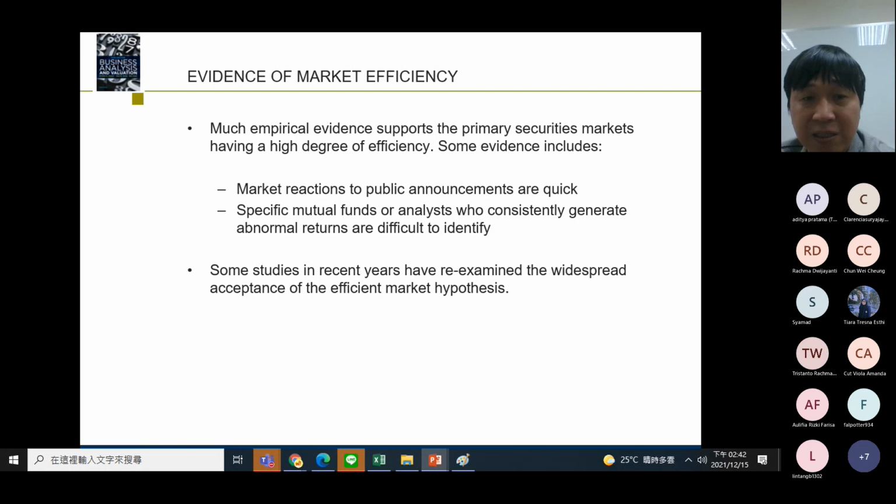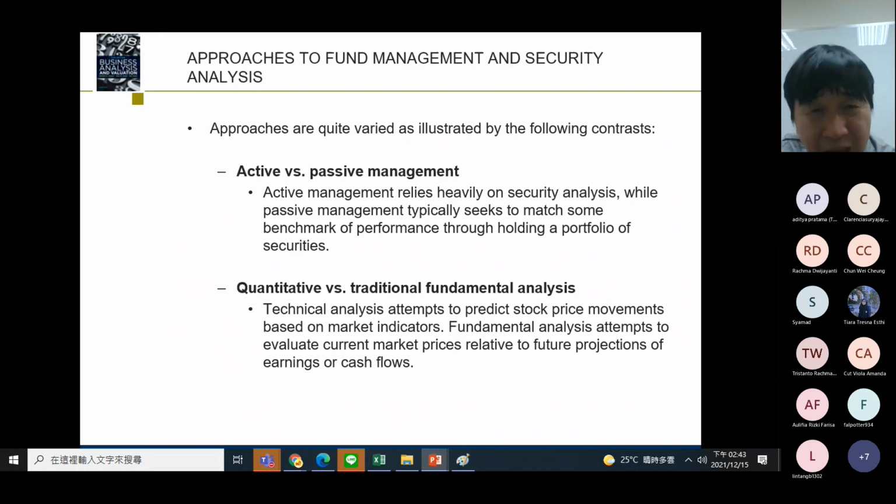Some studies in recent years have re-examined the widespread acceptance of the efficient market hypothesis. Approaches are quite varied, as illustrated by the following contrast: active versus passive management.